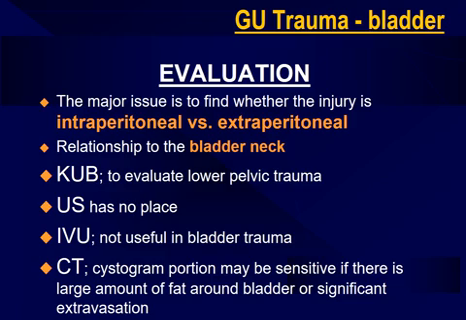We need, in such a case, to have a plain film of the pelvis, of the bones, to find out how the pelvic bone looks, normal or fragmented, or a large fracture in the pelvis. Ultrasound in such a situation can tell you there is extravasation, but doesn't give you any data about the extent of the bladder trauma.